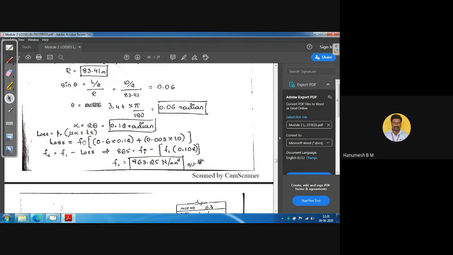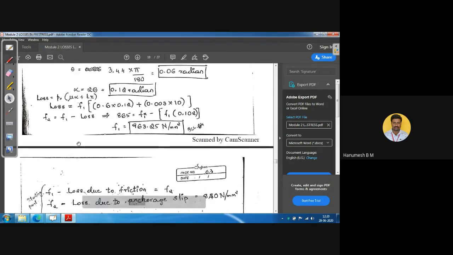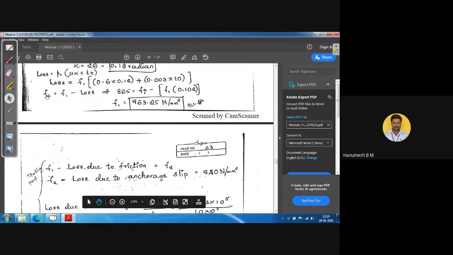Now I will use this expression in the final equation: F1 minus loss due to friction is equal to F2. To calculate F1, it is F2 plus loss due to friction. F2 is equal to F1 minus losses.